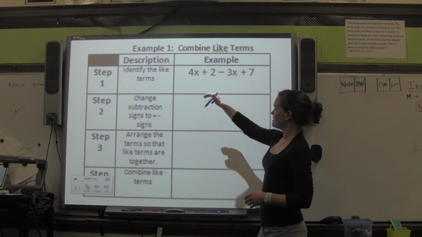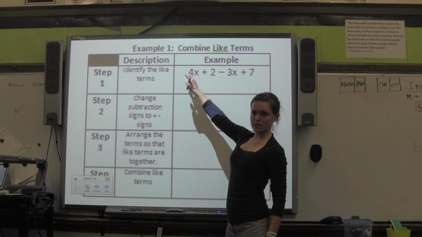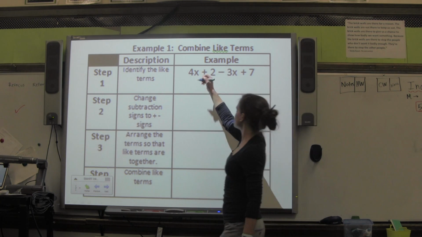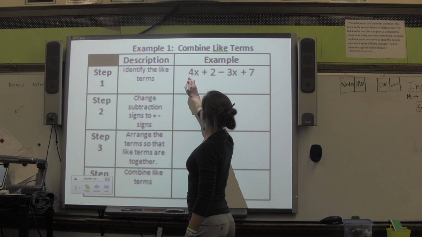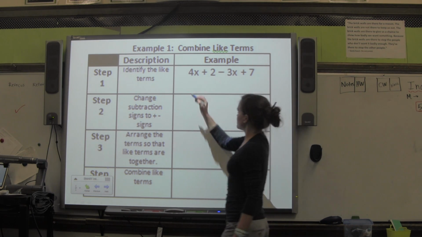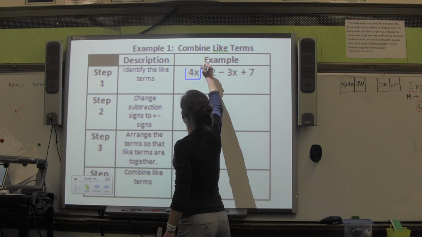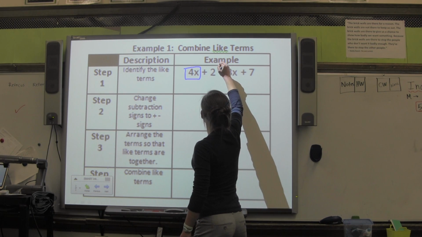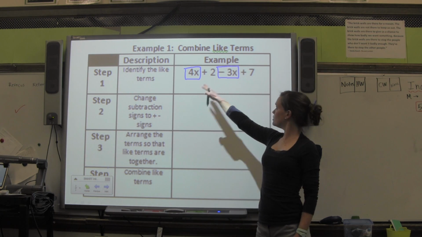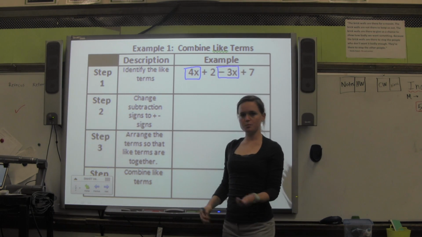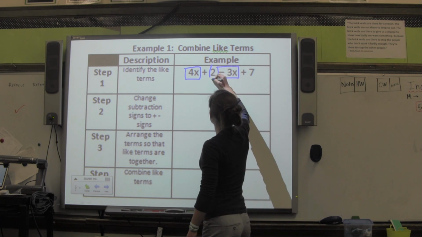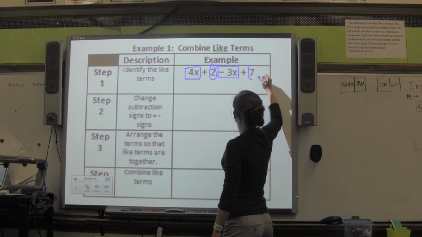I see right here that I've got like terms in 4x and negative 3x because they both have the same exact variable part, which is x. So I'm going to put a box around those like terms. And then I see that I have 2 and 7. Those are also like terms because they both don't have a variable. So I'm going to put an oval around those numbers.